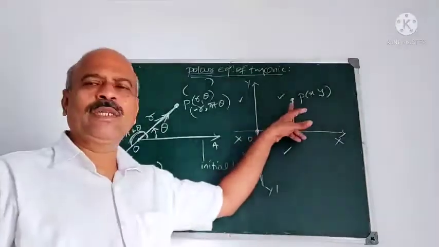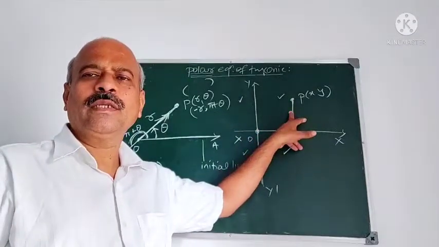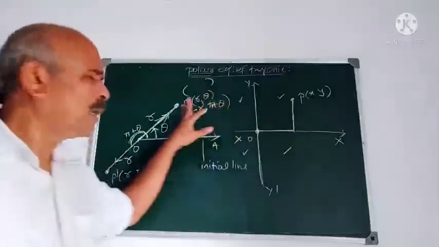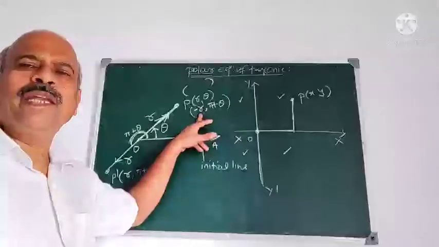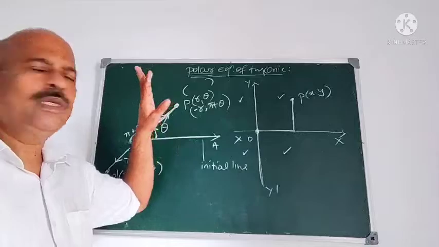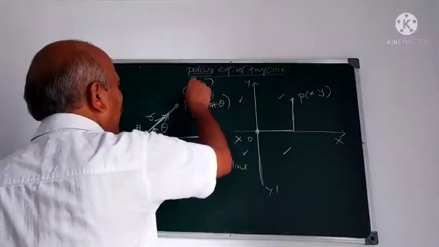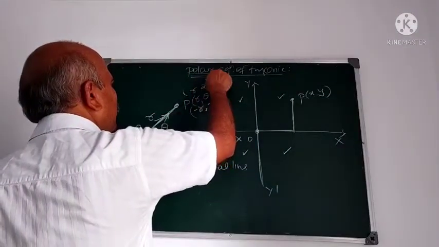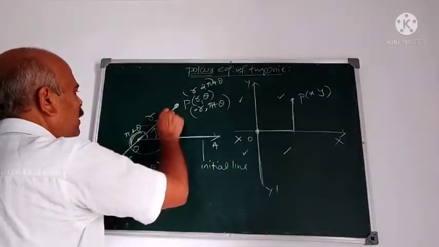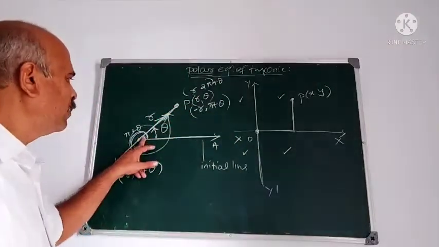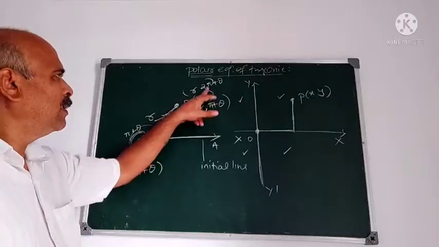But that is not possible in the case of Cartesian coordinates. The advantage of these polar coordinates is that the same point can be represented in many different ways, an infinite number of ways. Because I can write this as (r, 2 pi plus theta). If we consider this as the line bounding the vectorial angle, what is the angle? 2 pi plus theta.